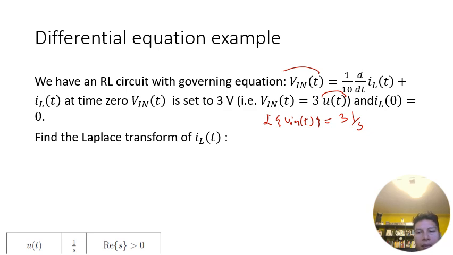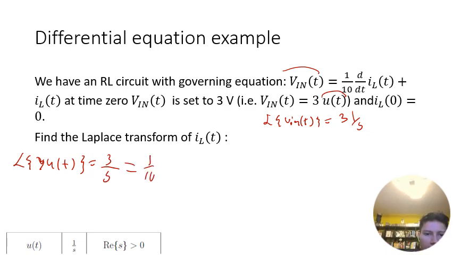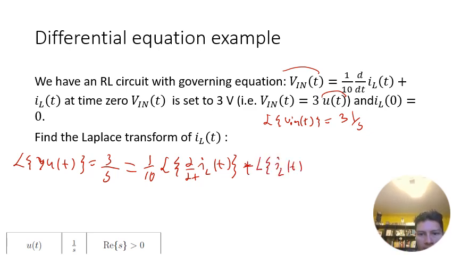So we have that the Laplace transform of 3u of t, which is Vn, equals 3 over s, which equals 1 over 10 the Laplace transform of d/dt of I_L of t, plus the Laplace transform of I_L of t.